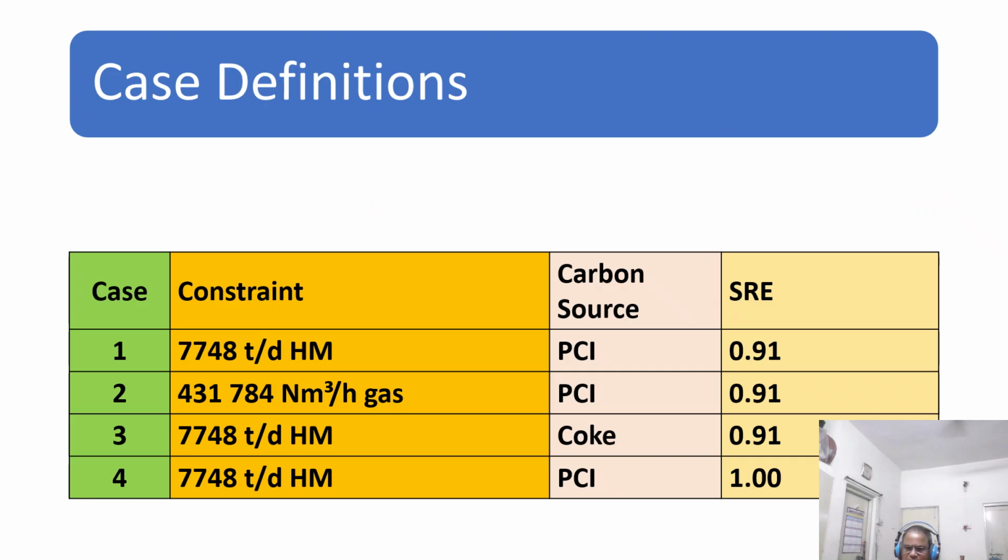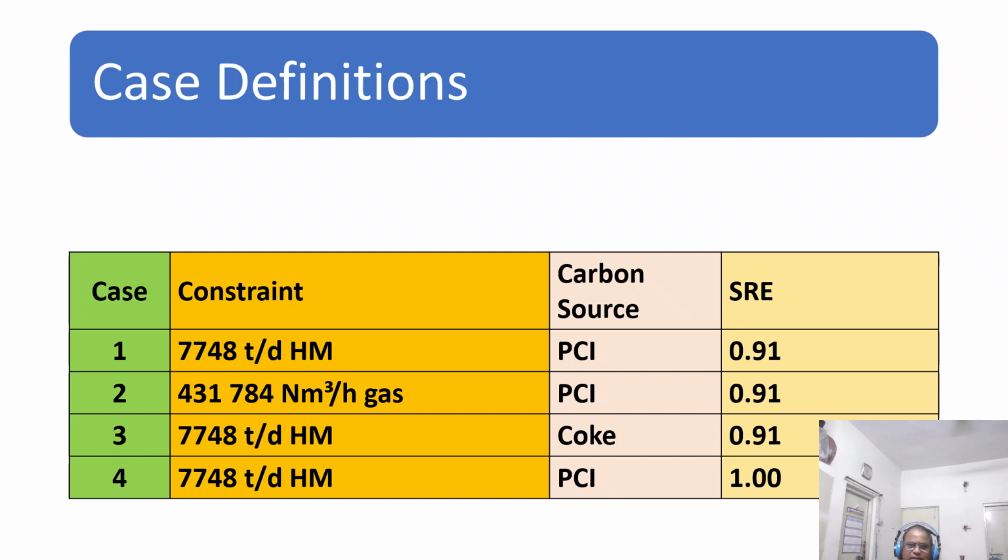Now let us see the case definitions. Four operating cases are modeled to evaluate hydrogen's impact under different conditions. So let us see case 1. Case 1 is about fixed hot metal production with PCI as the variable fuel and SRE at 0.91. Similarly, case 2, fixed bosh gas flow rate still with PCI and SRE at 0.91.